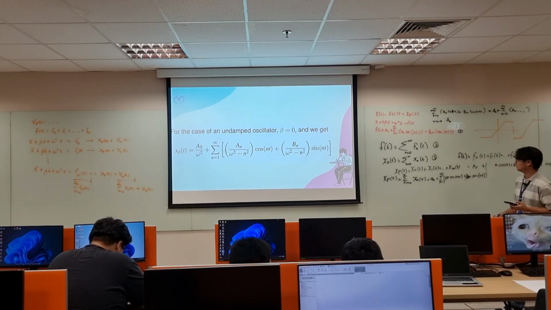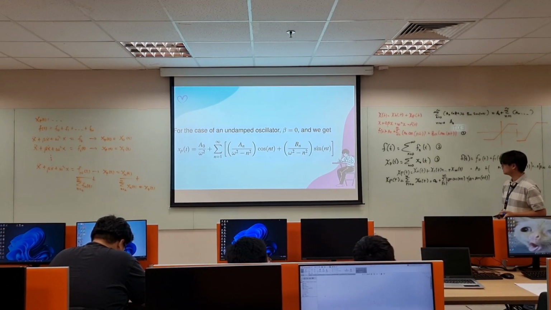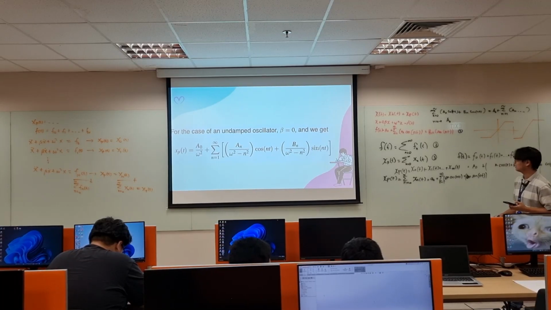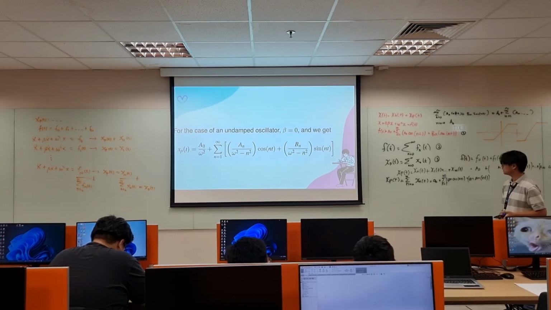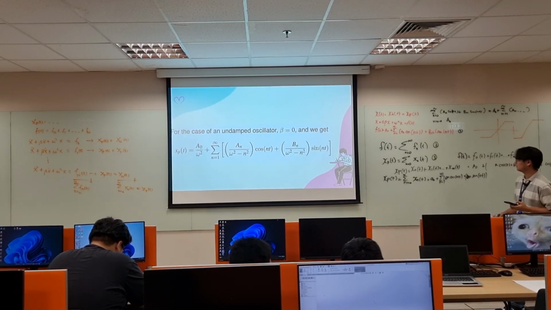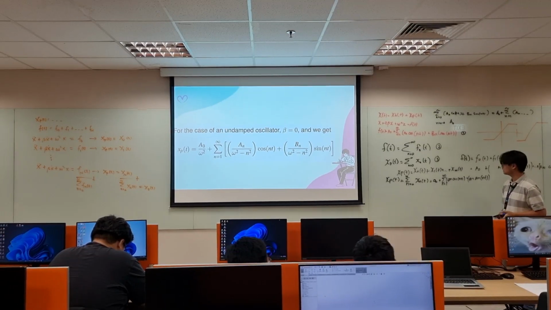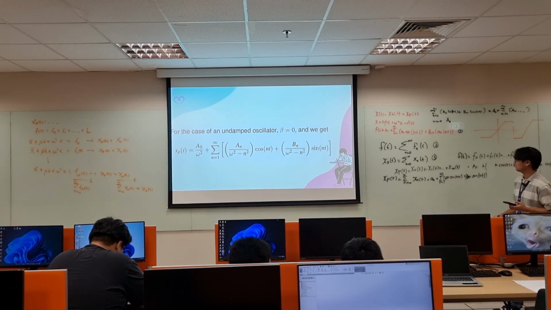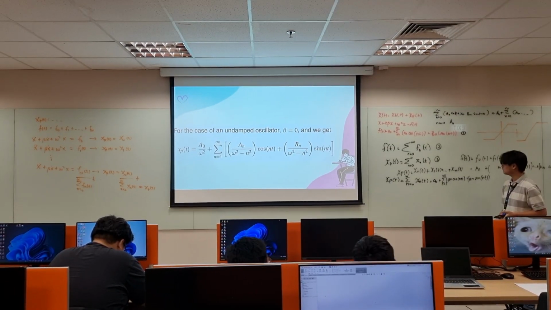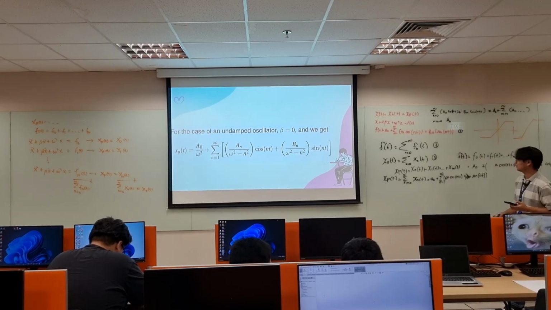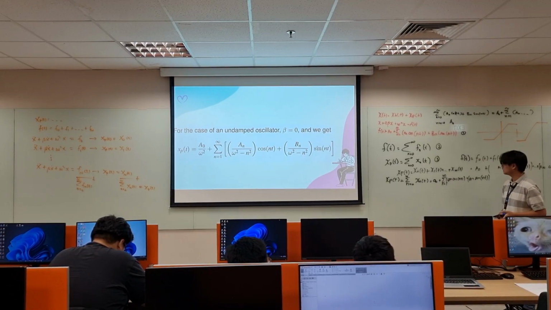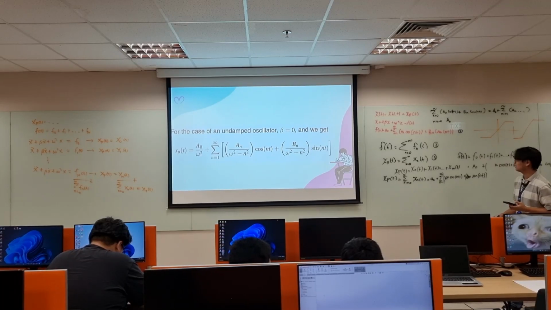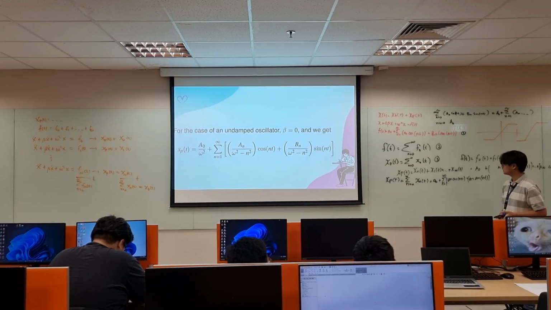That is x. So f of x is equal to 0 when it is from minus pi to minus pi over 2, and this is equal to x from minus pi over 2, and this is 0 again.